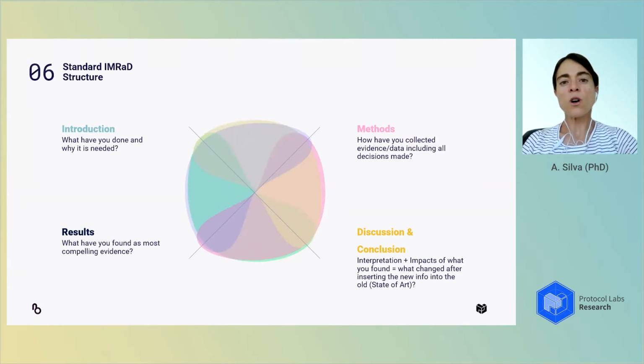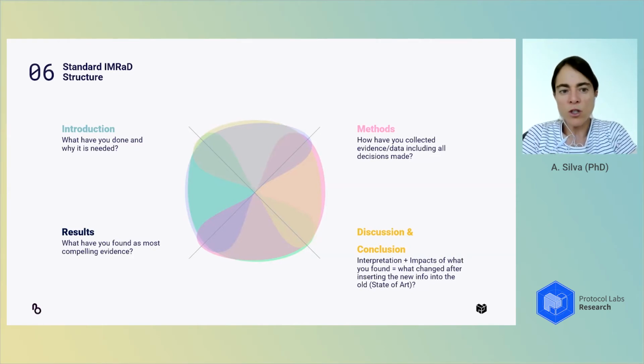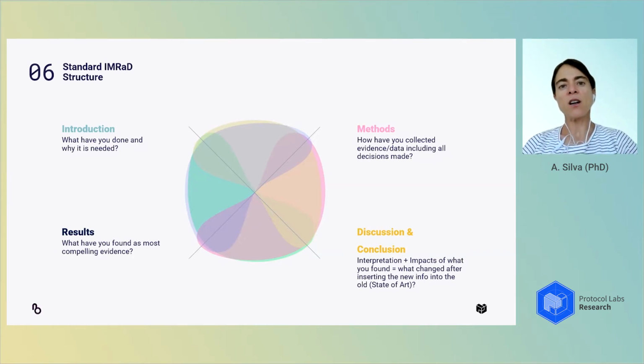The results: where is the most compelling evidence? Normally we have to be selective. We don't have space to include all our results. So we have to choose those pieces of information that better support our argumentation and enable us to address the research question posed in the introduction. And then the discussion: interpret, make sense of, and digest that new evidence in the context of the state of the art.